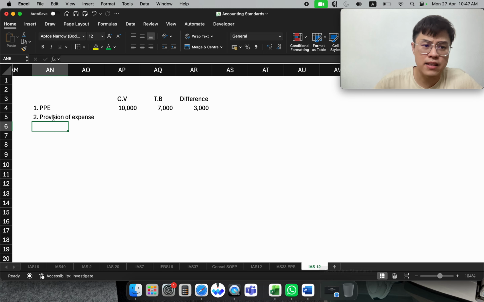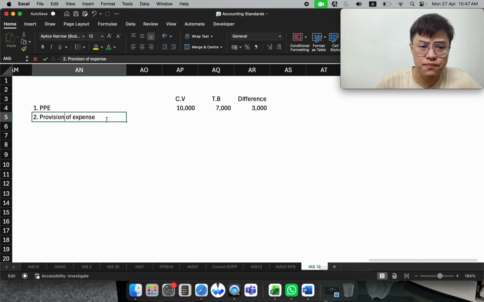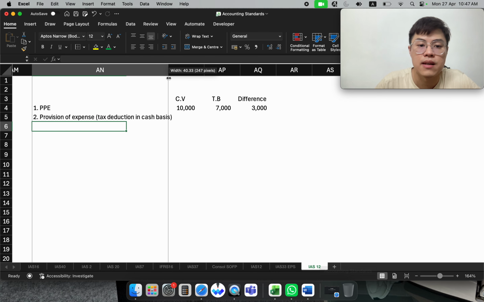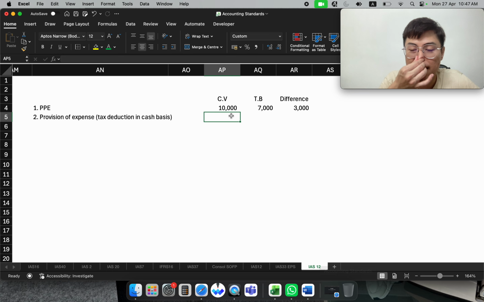So for provisions of expenses, normally we are going to deduct it for tax on a cash basis. Meaning to say that if you recognize a provision as an expense now, 7,000, the tax deduction you are going to get only when you pay.